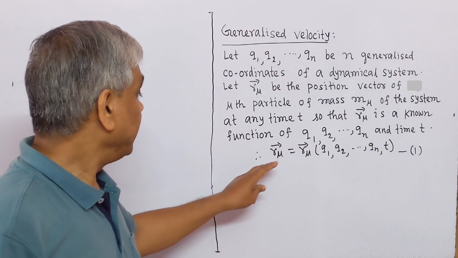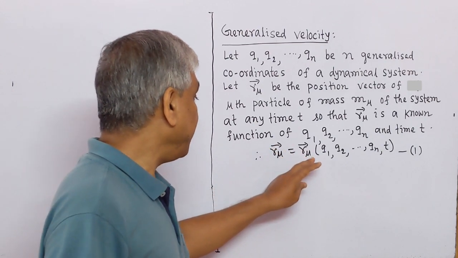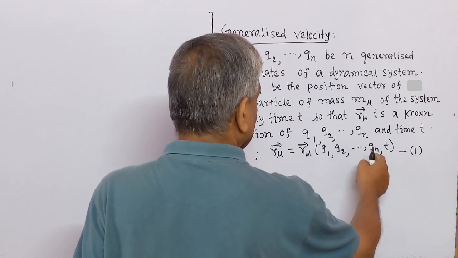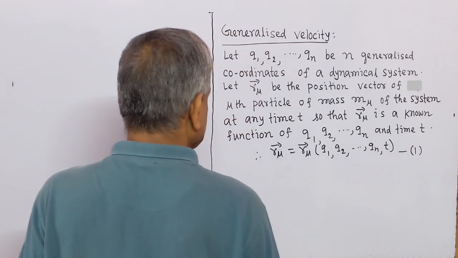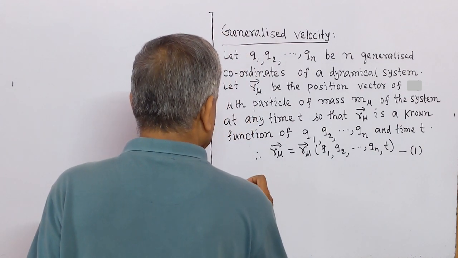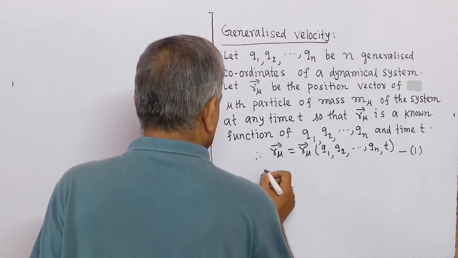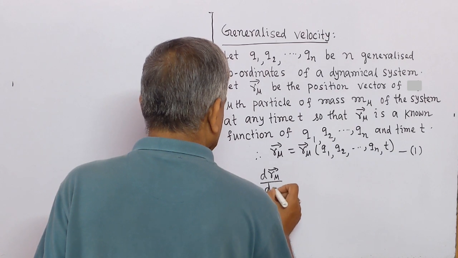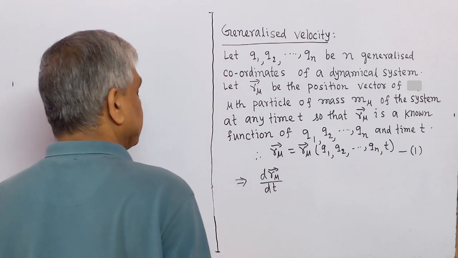Therefore, we write vector r mu is a function of q1, q2, q3, ..., qn, t, which implies that dr mu vector by dt, differentiating both sides with respect to t.